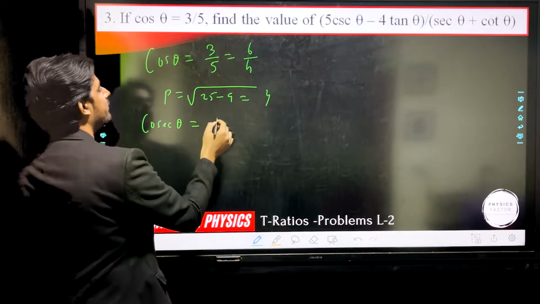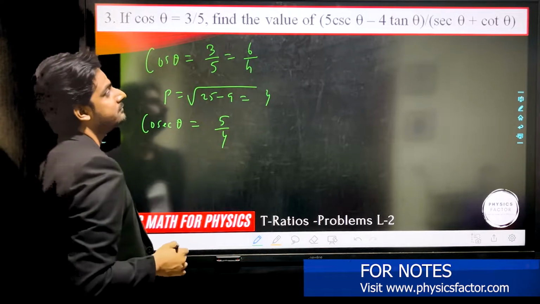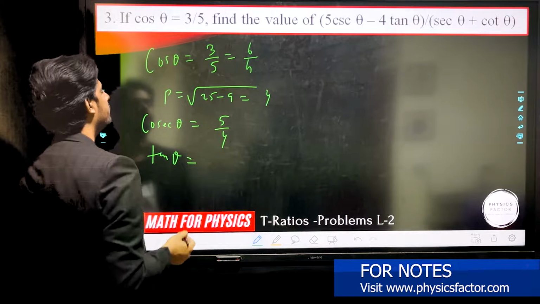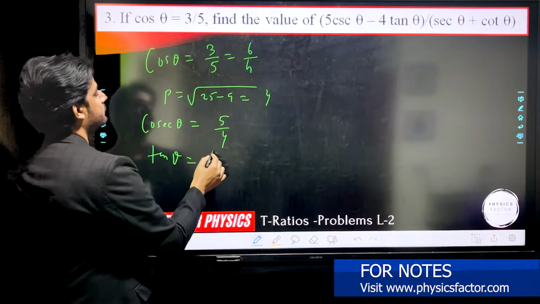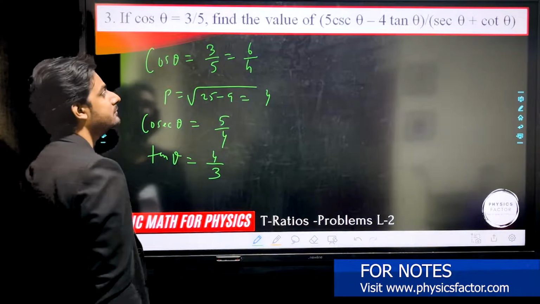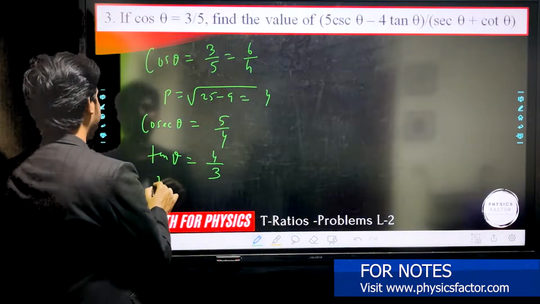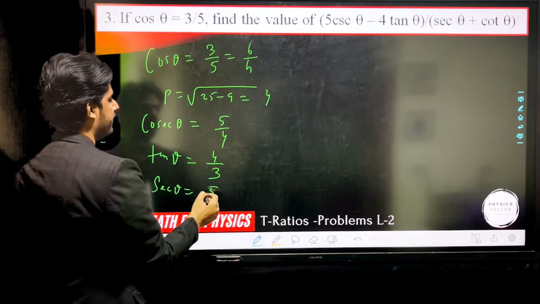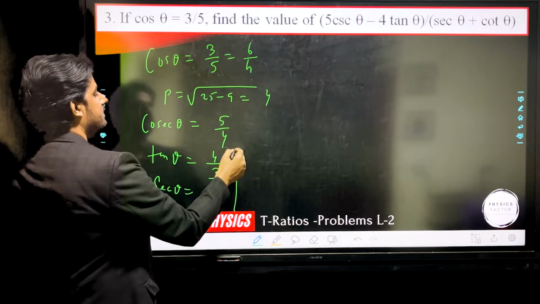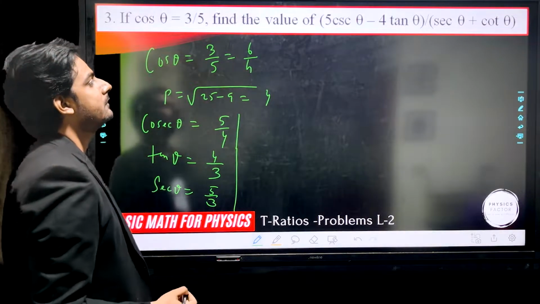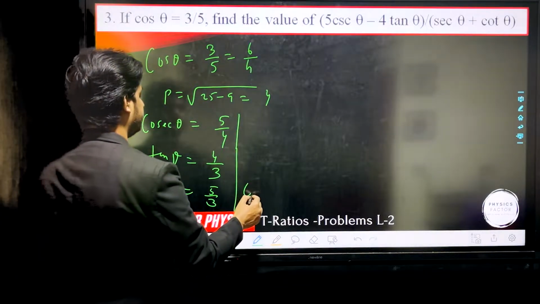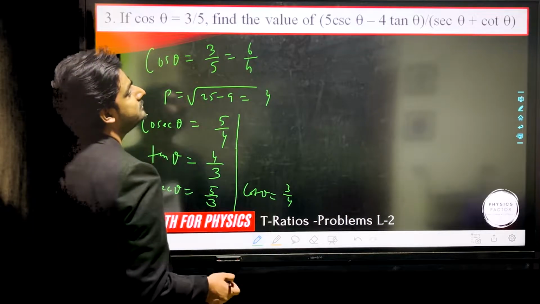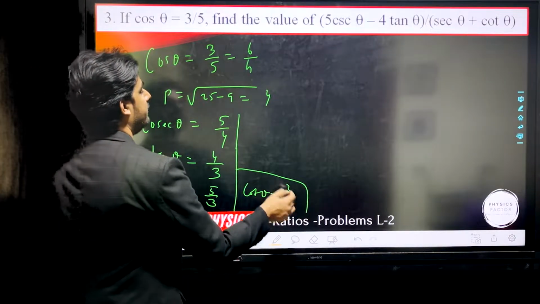Cosec theta is 5 upon 4, and then tan theta is 4 by 3. What else we need? Sec theta, which is just reciprocal of cos, 5 by 3. What else? We need cot theta. So cot theta is reciprocal of tan, so 3 upon 4.